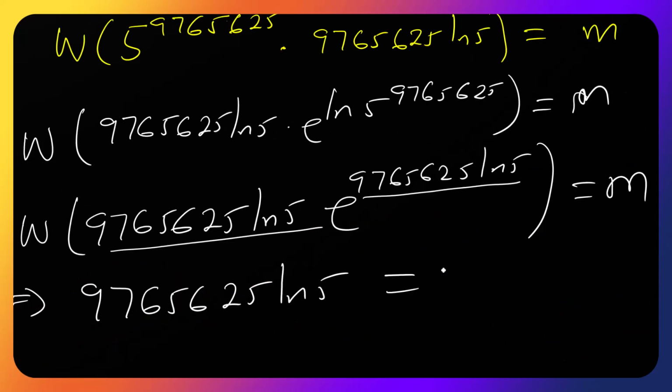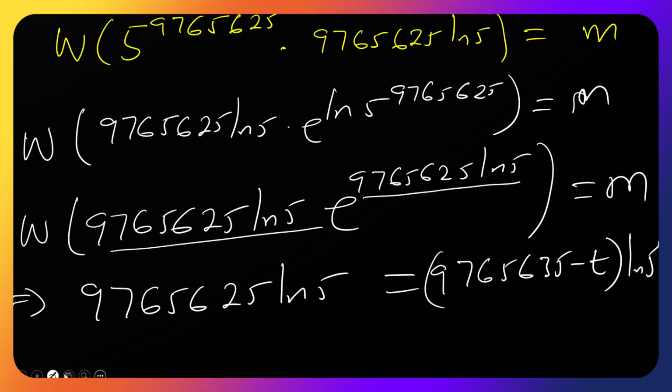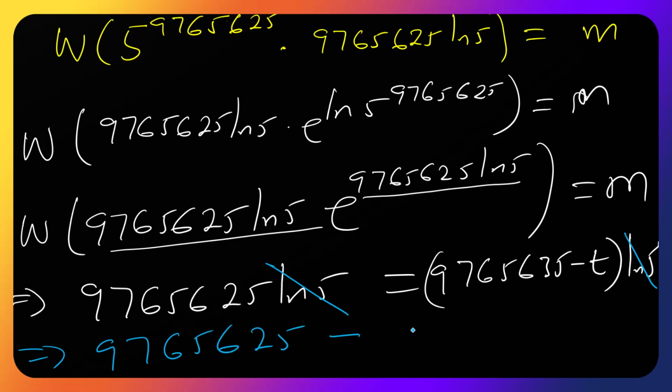So we have 9765635 minus t ln of 5. From here, we can divide both sides by ln of 5. This one will go, and I will have 9765625 equals 9765635 minus t.